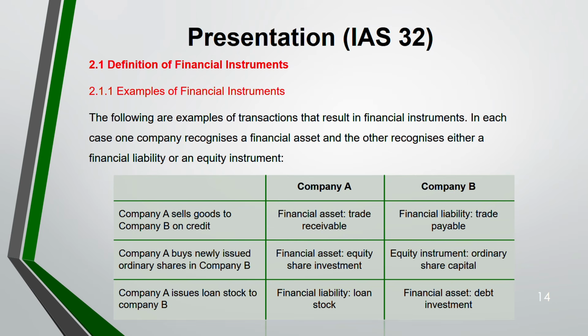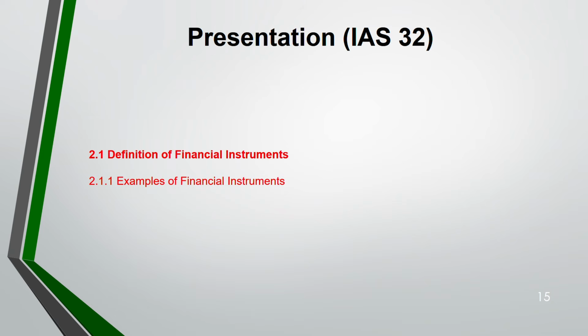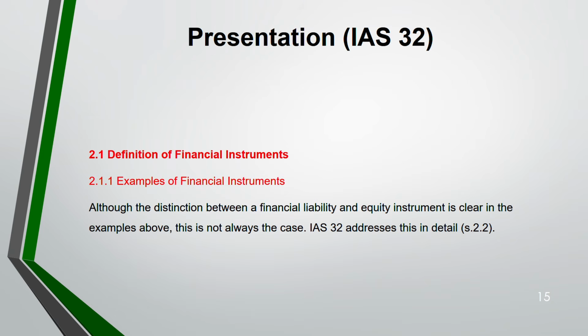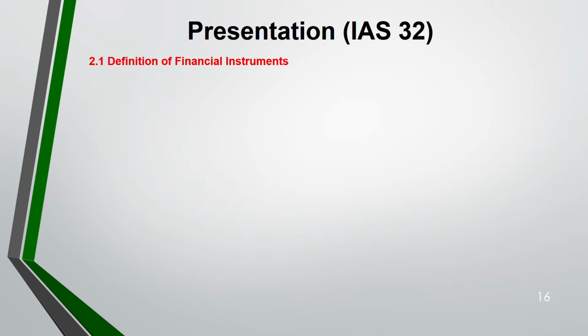For them, it's a debt investment. For A, it's a liability. Okay. Now, sometimes this distinction between financial liability and equity is not very clear. Not always. So IAS 32 addresses this in detail in the next section.